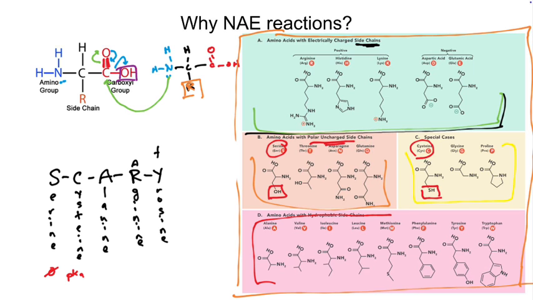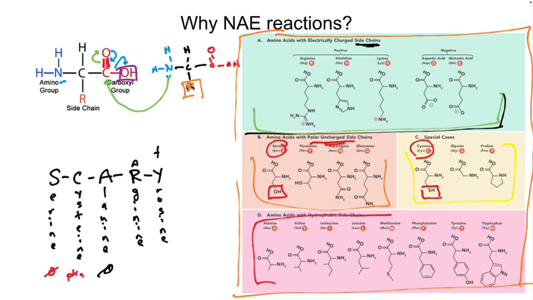Because that pKa, depending on the pH, is going to change the charge on the structure. So what you could be asked is, what's the charge on SCARY at pH 3? To answer that question, you would have to know all of those codes and their individual pKa's. Alanine is going to come in as a 0. I know that one.